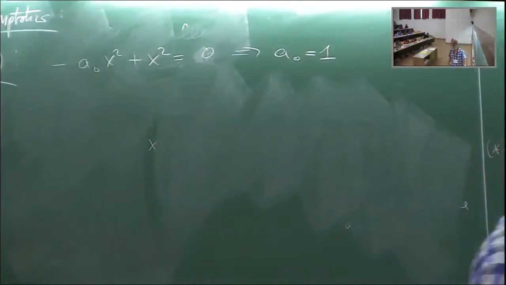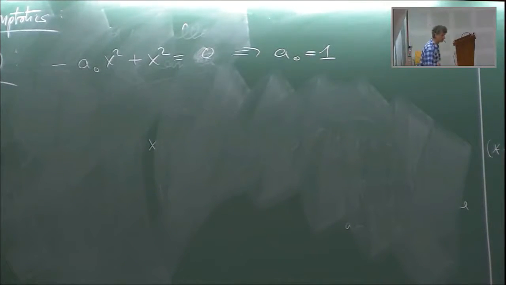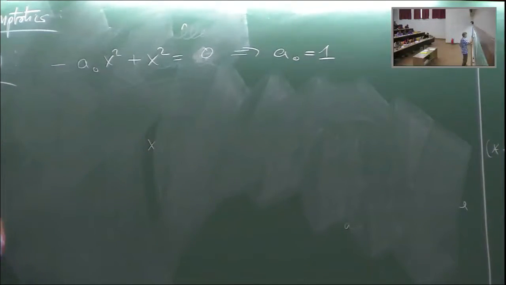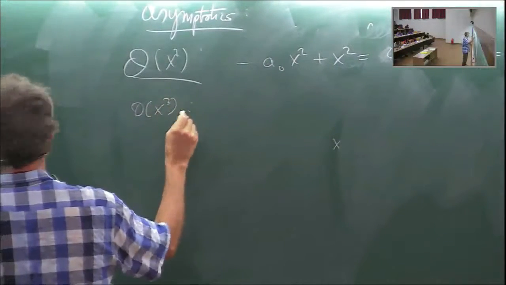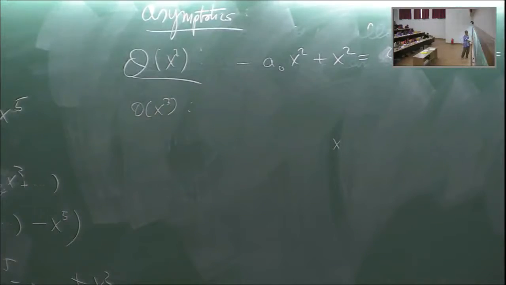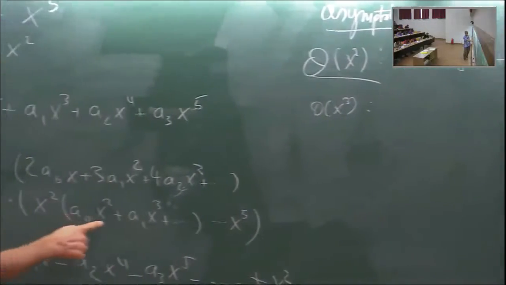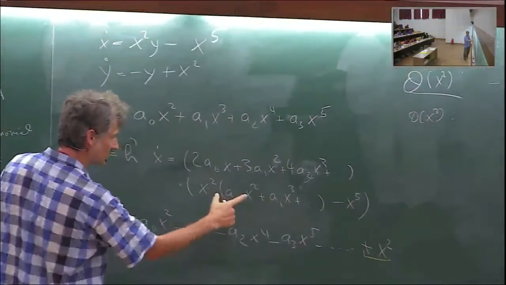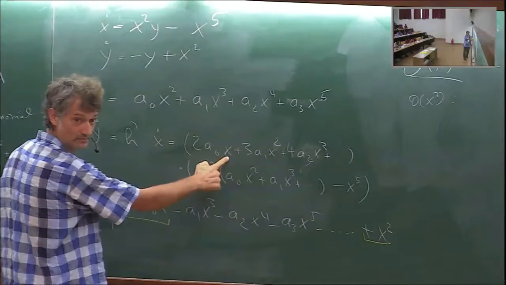This is the lowest order. It's what we had here already. Okay? It's just the lowest order. Next order, x cubed. Where do we have an x cubed? We have an x cubed here. Here, it's 5. The x to the 5 is the lowest.